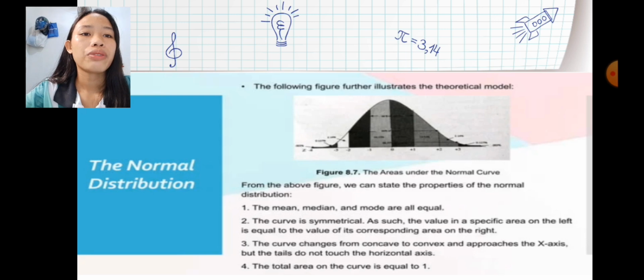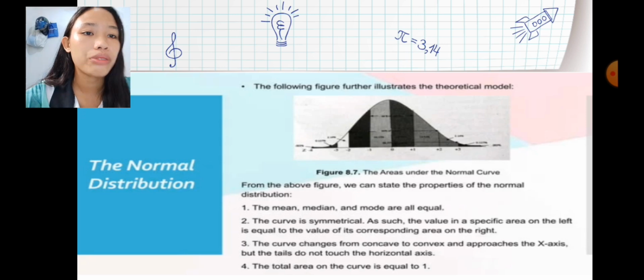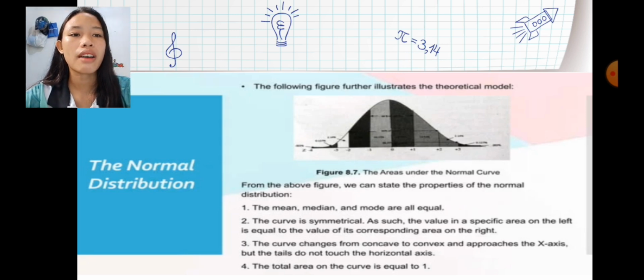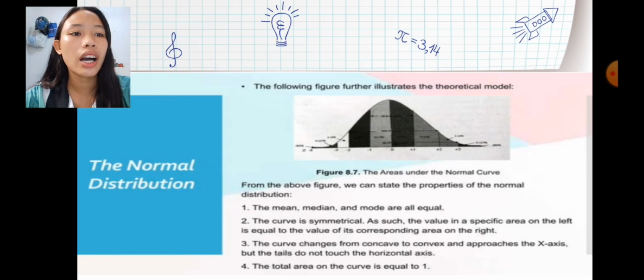The following figure further illustrates the theoretical model. We have here figure 8.7, which shows the areas under the normal curve.